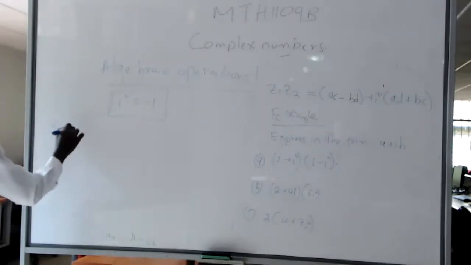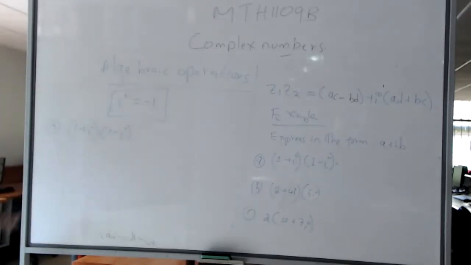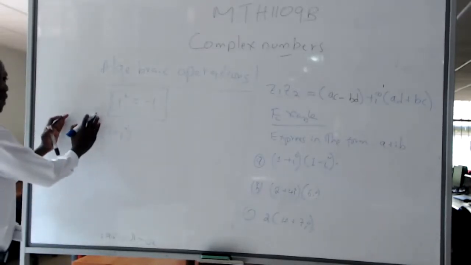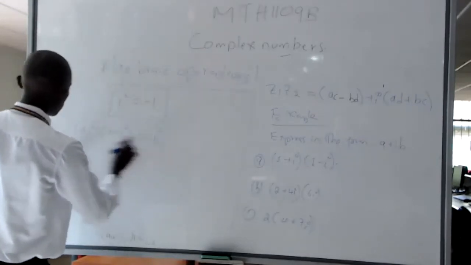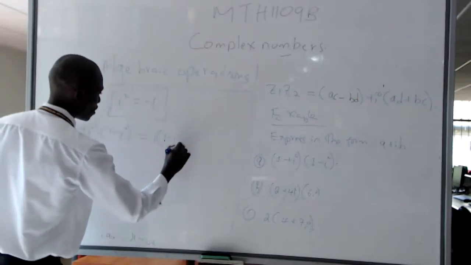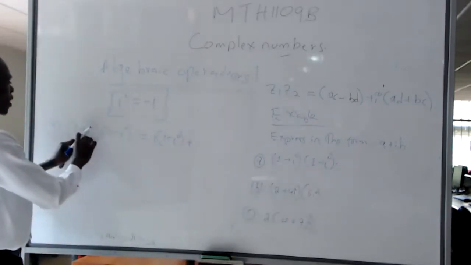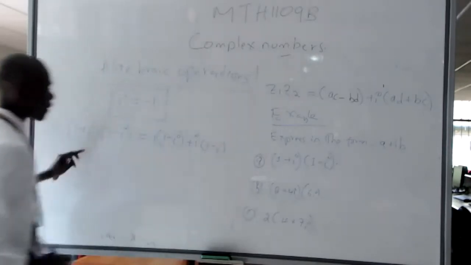First part, we want to do (1 plus i) by (1 minus i). So what you do, take all elements of the first bracket, multiply by all elements of the second bracket. We start with 1, multiplied by the second bracket, 1 minus i, plus i multiplied by 1 minus i.